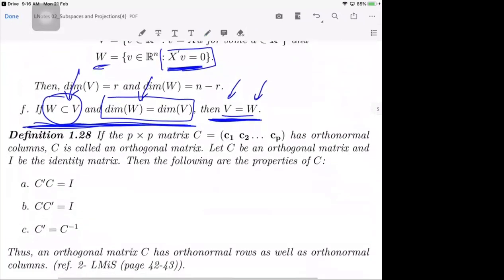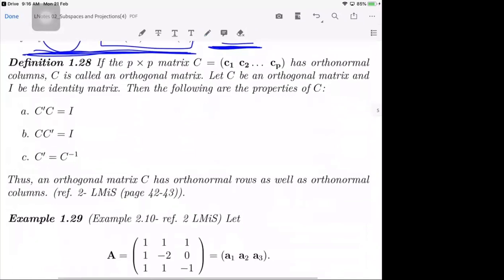We will not prove that, but you should be familiar with it.